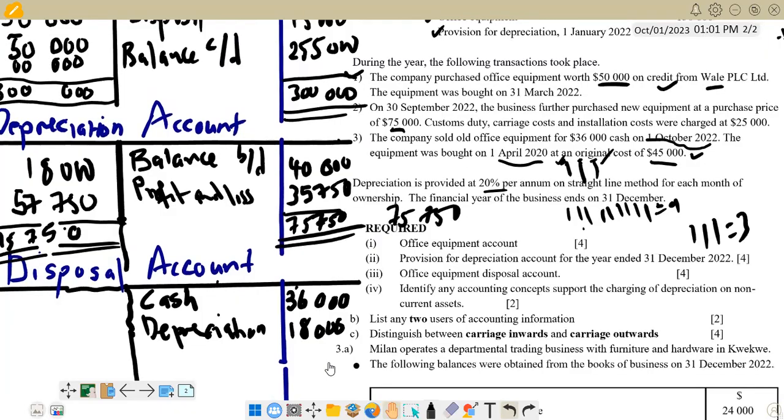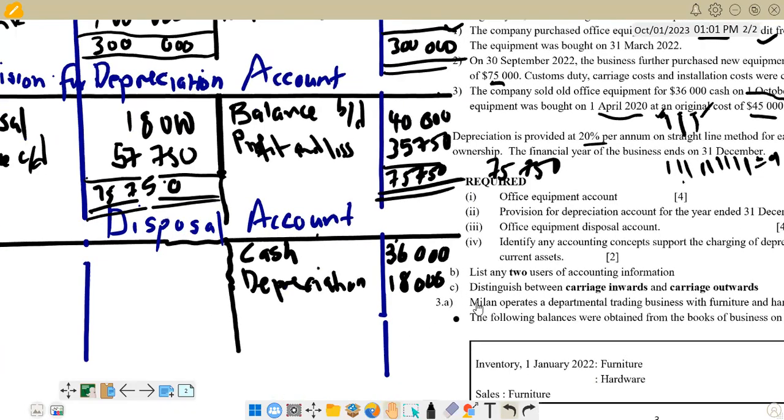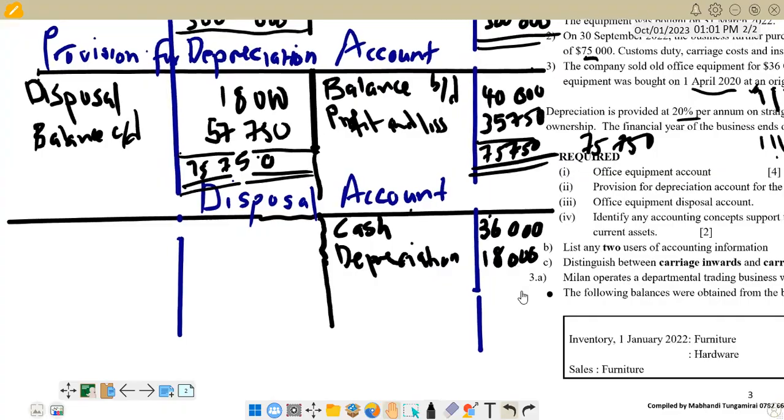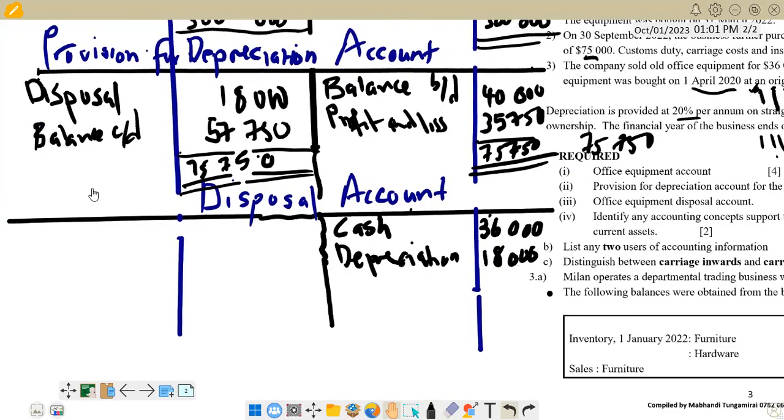It had a cost price of 45,000. So we are going to have 45,000 there, and the figures come from the equipment. We credit the equipment account, and then we debit the disposal. So here we're just going to say equipment and 45,000.